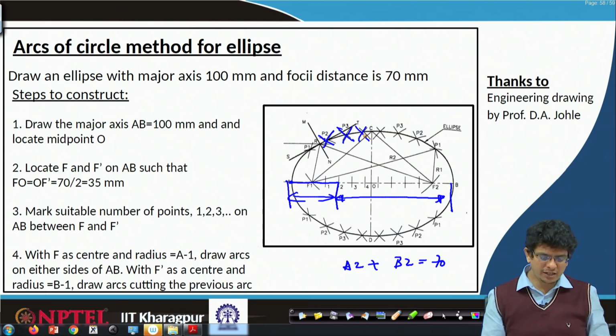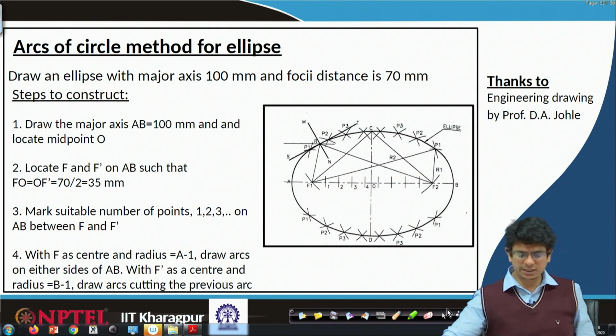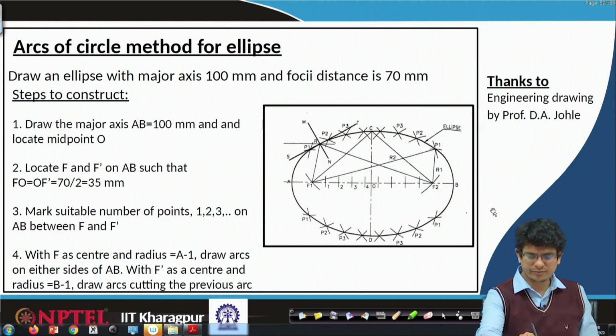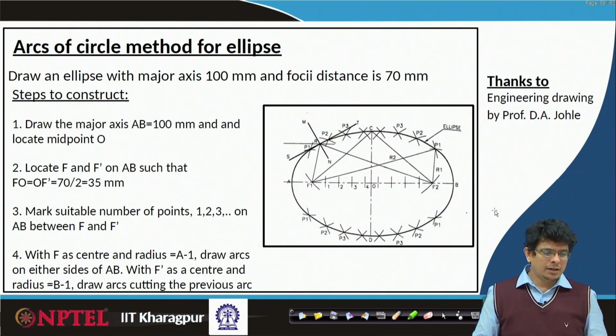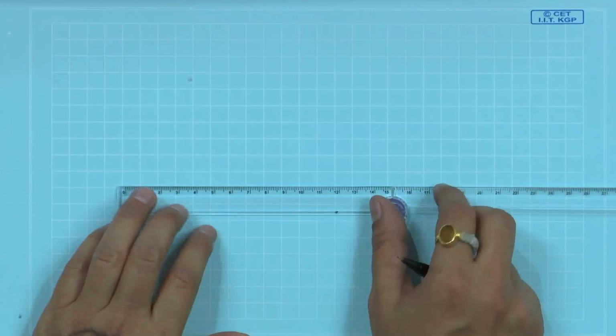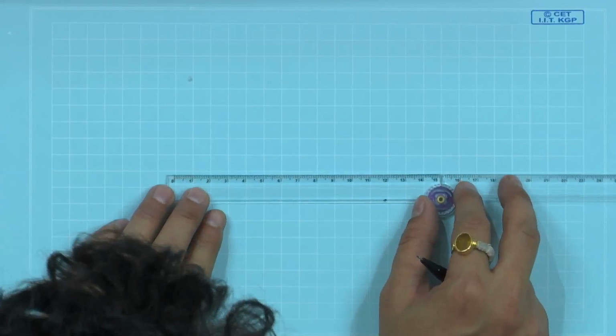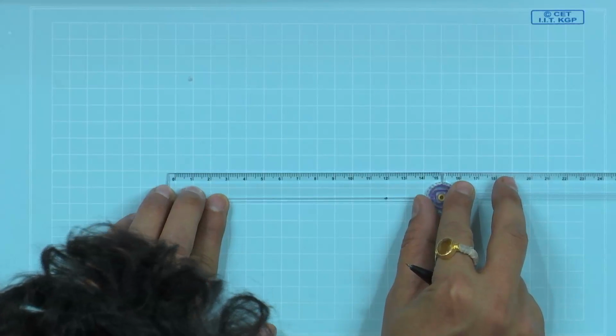So, let us begin our example and construct it step by step. Major axis 100 mm. So, let us look at this drawing sheet. Let us mark 100 mm on this drawing sheet.